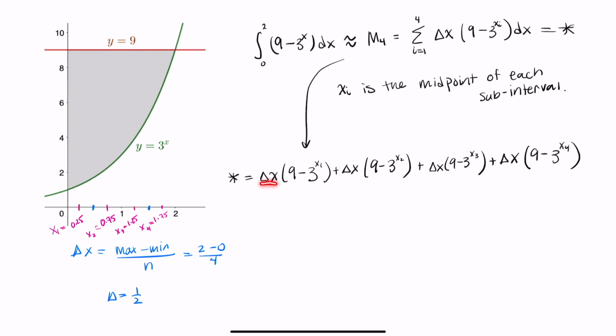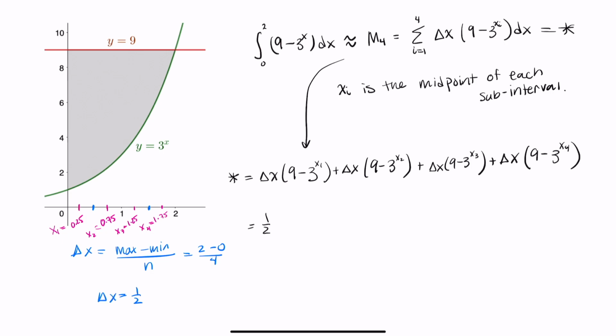In this next step, I'm going to go ahead and factor out delta x. They all have a delta x in common. And additionally, I'm going to replace delta x with its value. I need to make a quick fix: I just wrote delta, we actually have a delta x here.